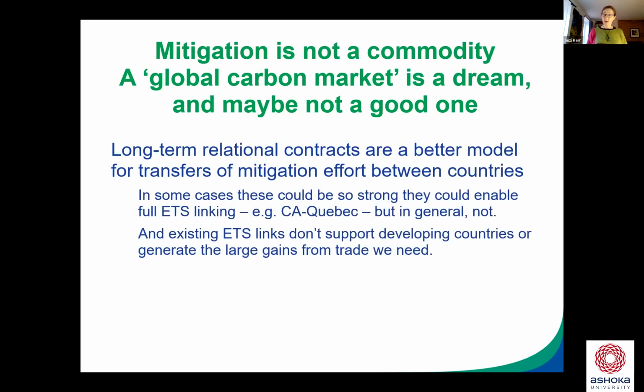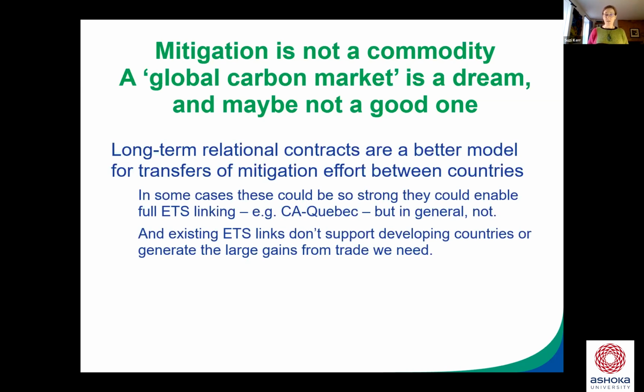So in some cases, these relationships between countries or states could be so strong that you could actually do a shared ETS or full ETS linking. For example, California and Quebec have emissions trading systems that essentially are combined. Or the European Union, they have institutions that create this long-term relationship. It's so strong that they can completely work together. But in general, that's not true.